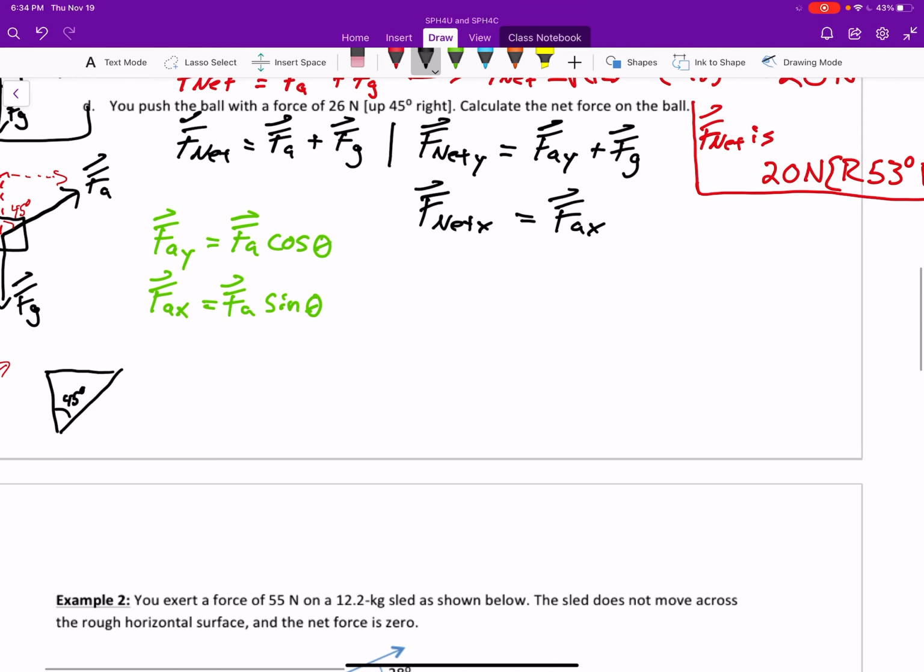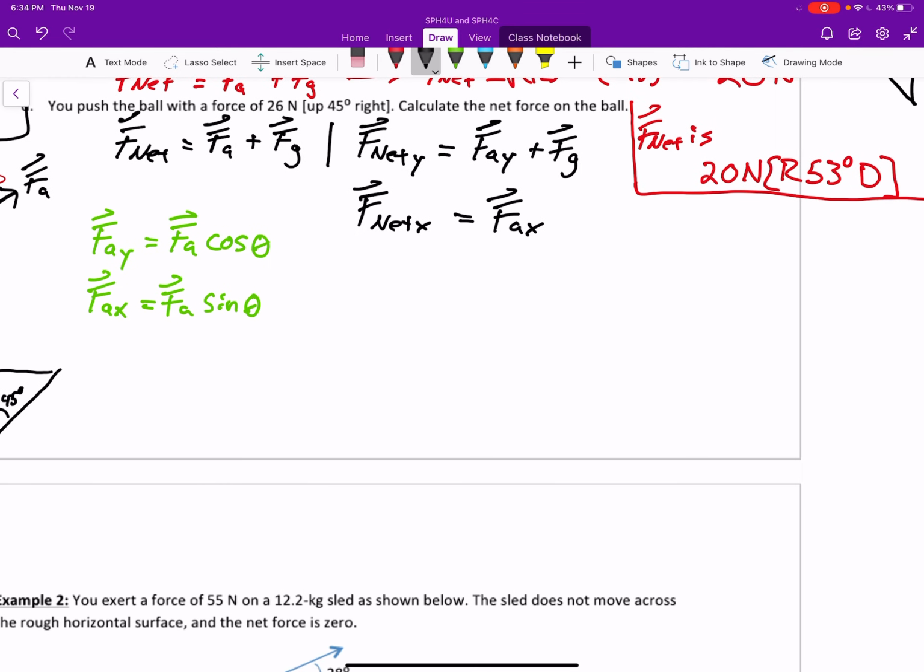Okay, so one step at a time. Why don't we do F net y? So F net y, if I can save space, where's a good place to go? Down here? Or let's just do F net x, I'm sorry, because that will be simplest.